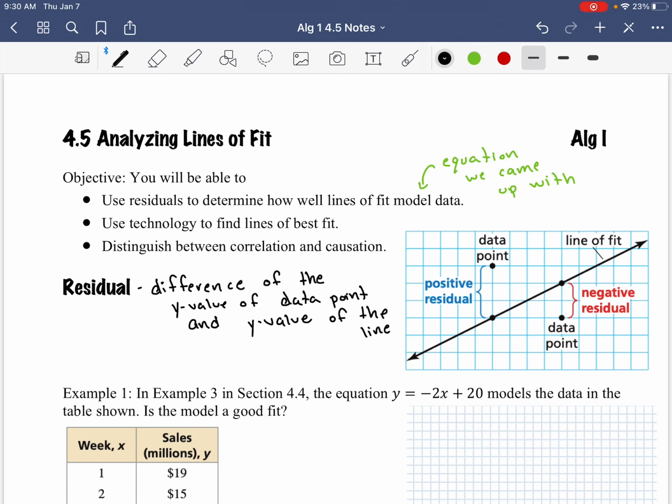So in this example over here, here's our line, here's our data point, and here's the y value on that line.